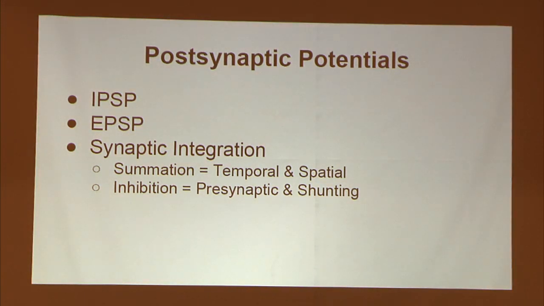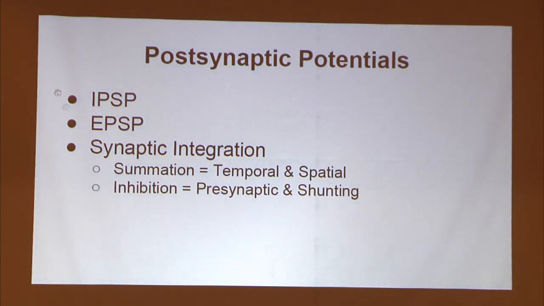And something causing a depolarization effect, or an increase in positive charges inside the cell, is going to make an EPSP. Like sodium channels opening, sodium rushing in, or calcium rushing in would be an EPSP type event. Those make it more likely for that neuron to fire an action potential.